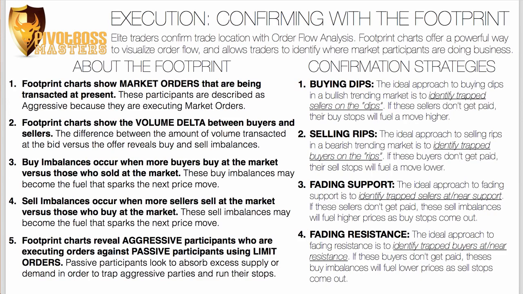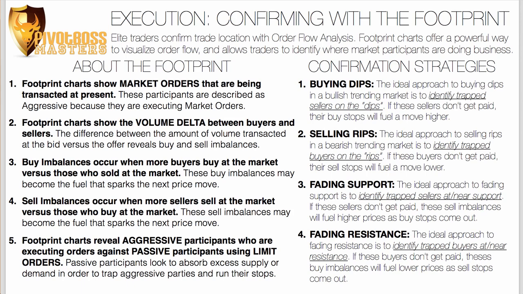We have one slide for this presentation, and then we have 9 charts that we're going to look at. Confirming with the footprint. Elite traders confirm trade location with order flow analysis. And for those of you who have not gone through the prerequisite for this training, order flow analysis is a fantastic way to analyze the current order flow that's coming into the market right now.